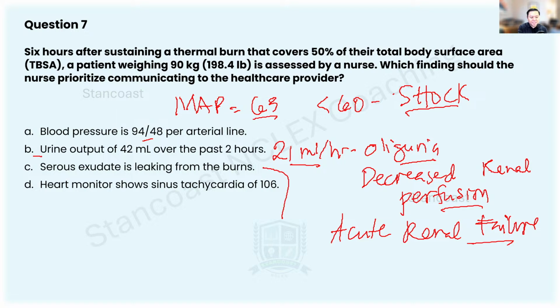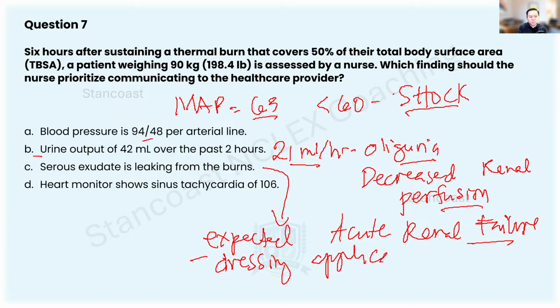This is expected. We're going to have to address this carefully, with administration of sterile dressing application, of course, because we don't want any contamination of the wound bed as well. But it doesn't really call for a much more critical nursing intervention compared to letter B.